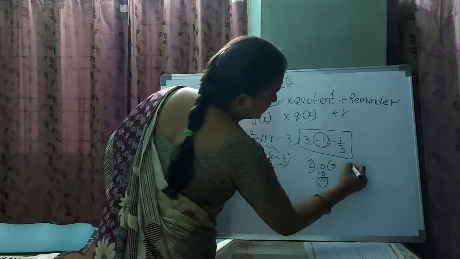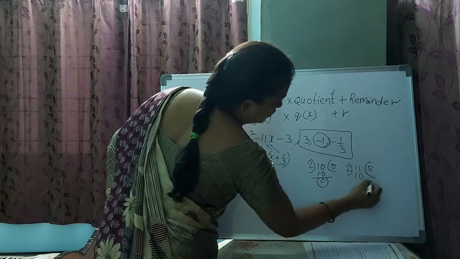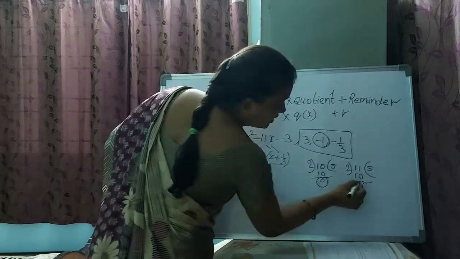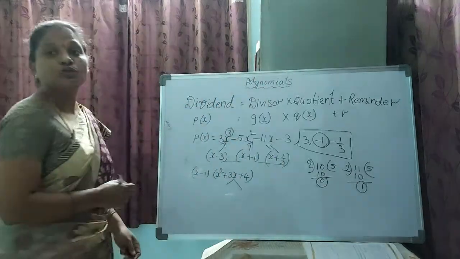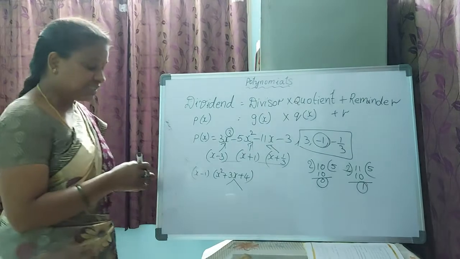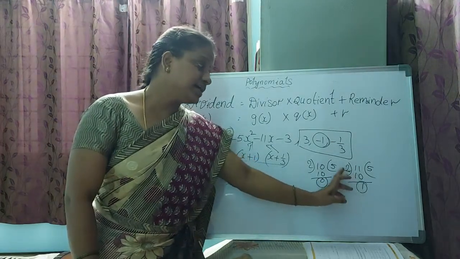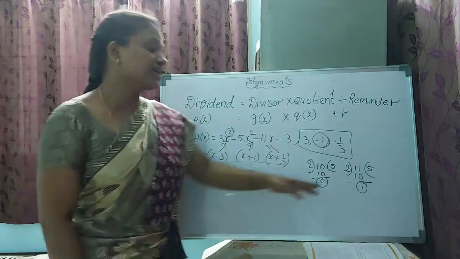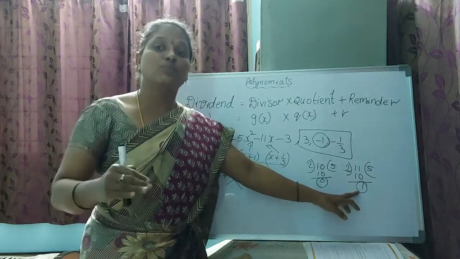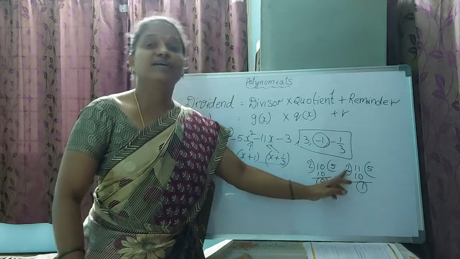Otherwise, 11, if you divide, 2 5s are 10, 1 is the remainder. 1 is less than this divisor, then only we have to stop the division. See, if the remainder is less than the divisor, then only we have to stop. That means there is no chance for getting 0. So we have to stop. When we stop, this remainder should be less than the divisor.